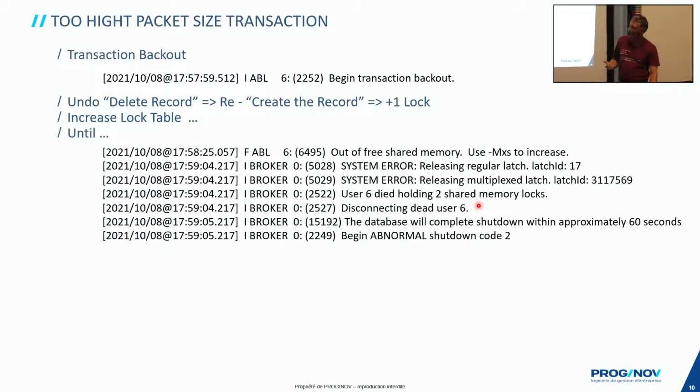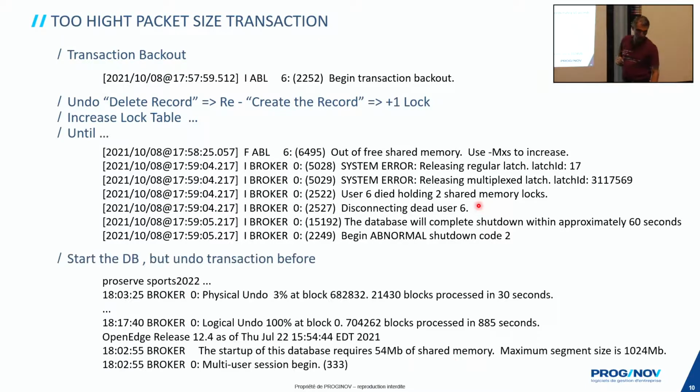And after, you will have this message, out of shared memory, use -Mxs to increase. And at this time, your DB crashes. And you've got 2 transactions to undo. So first we try to undo your mass deletion. So it could take a long time to do this.